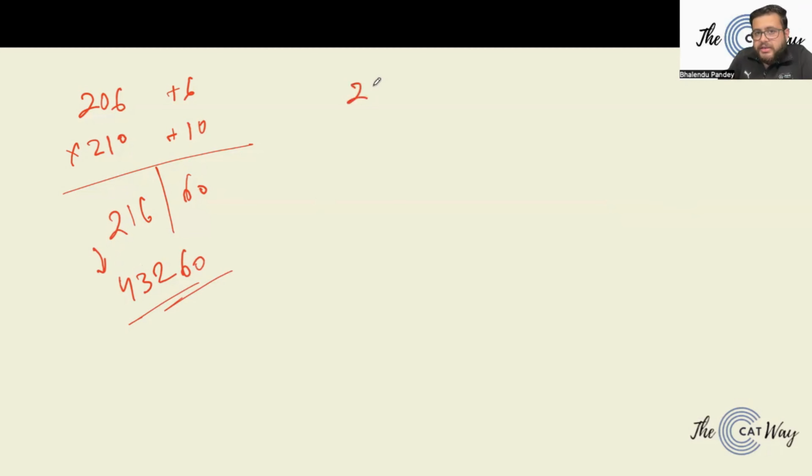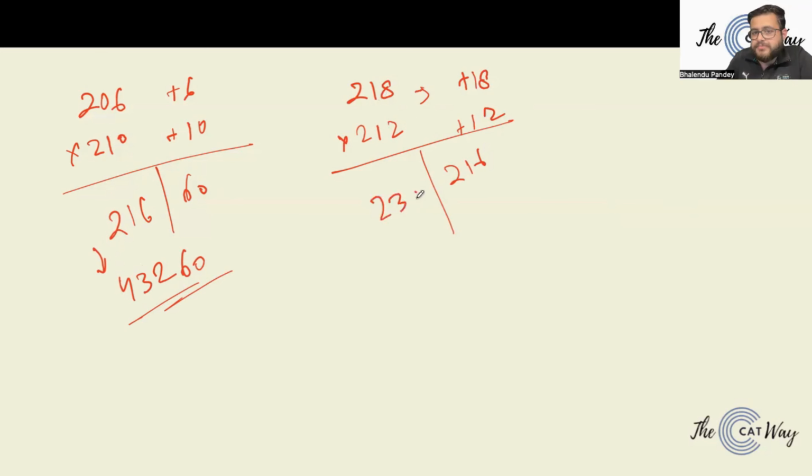एक और क्वेश्चन देखते हैं. 218 multiplied by 212, we get a plus 18 over here, we get a plus 12 over here. Right? 18 into 12 is 216. Correct? 218 plus 12 will give you a 230. अब बॉस यहां पे तो मेरे को 2 ही डिजिट चाहिए थे, मेरे पास तो 3 डिजिट है. So what I will do is I will add this 2 over here.